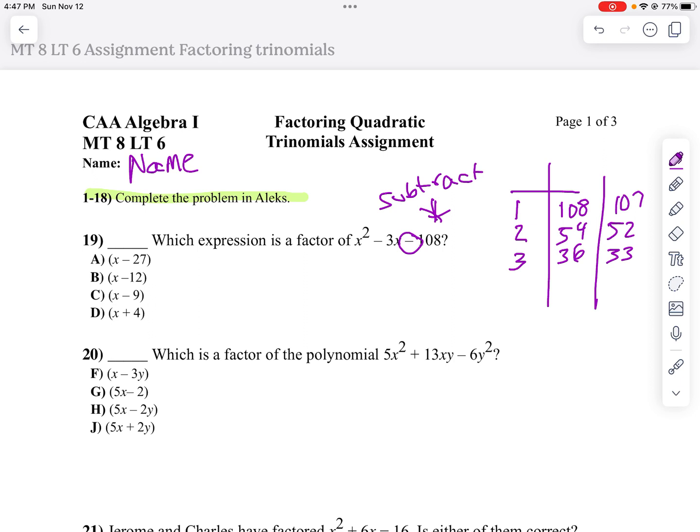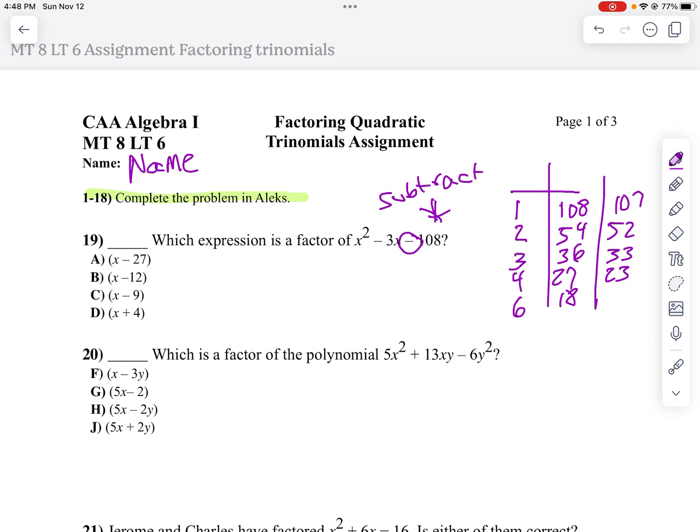Okay, 4 goes into 108 27 times. They're 23 apart, still too close together. 5 does not go into 108, but 6 does, because 3 and 2. So you take 108 and we divide it by 6. We get 18. Well, they're 12 apart. I'm getting closer.